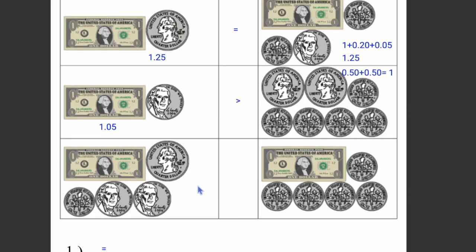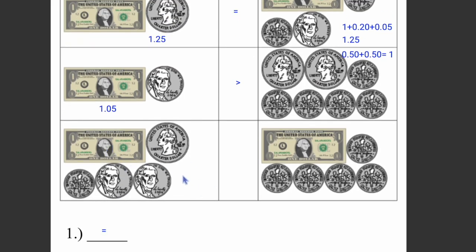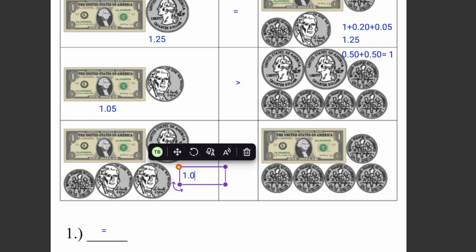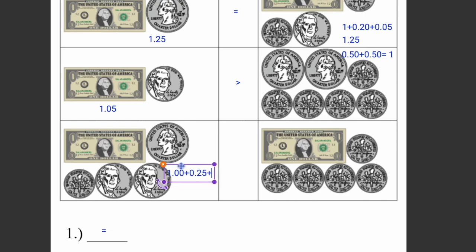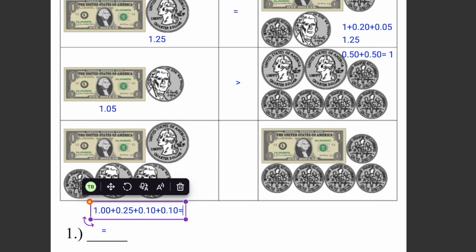To the last row. On the side we have $1 plus 1 quarter, which is 25 cents. 1 dime, which is equal to 10 cents. And 2 nickels, which are equal to 10 cents, because each one is equal to 5 cents. And that equals $1.45.